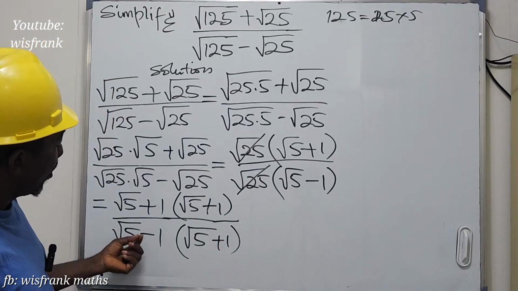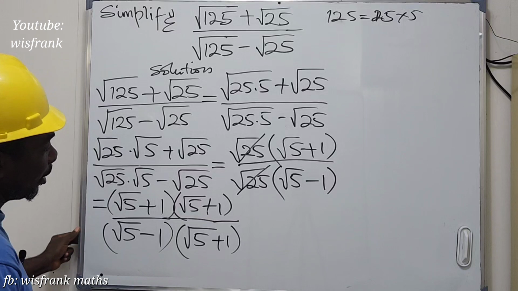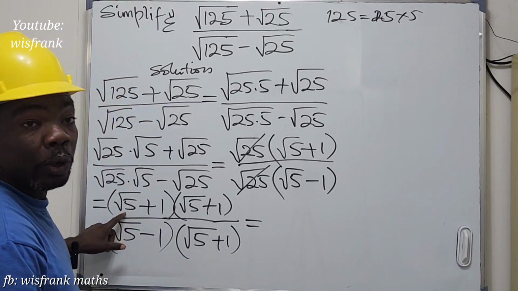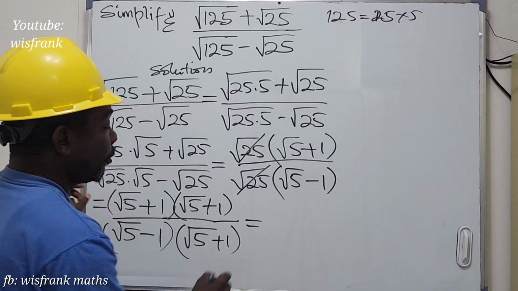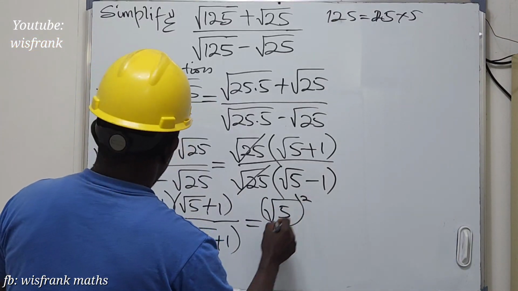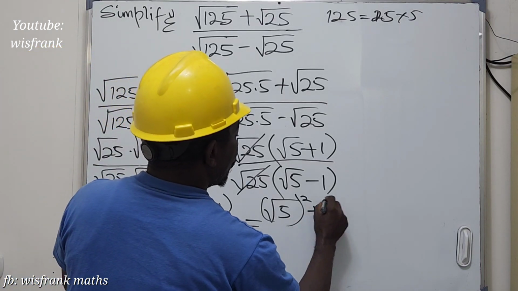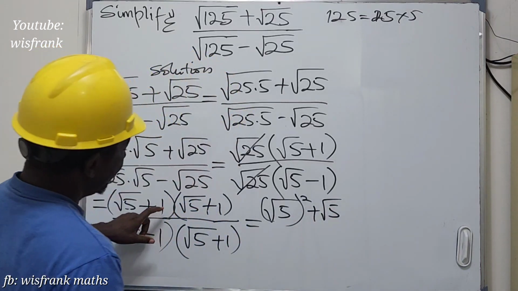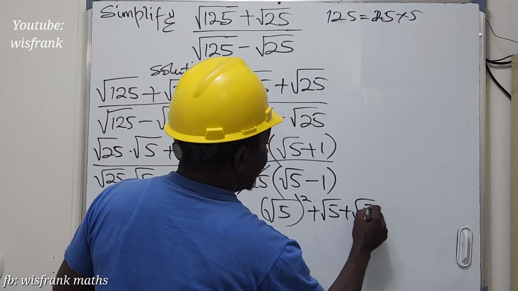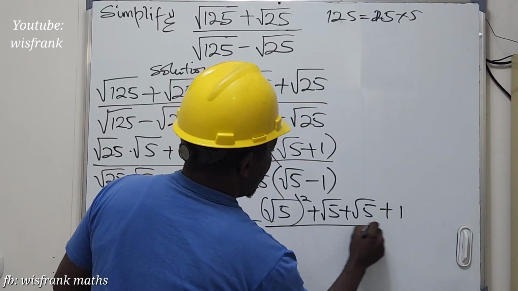Expanding the numerator, the square root of 5 times the square root of 5 is the square root of 5 to the power of 2. The square root of 5 times 1 is plus the square root of 5, and 1 times the square root of 5 is plus the square root of 5. Then 1 times 1 gives us plus 1, all over.